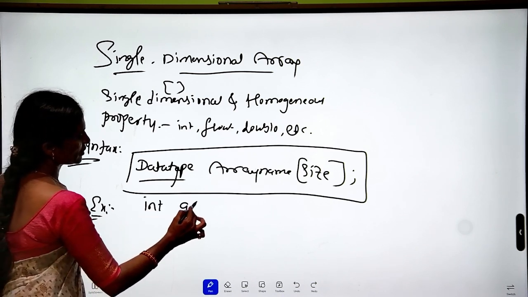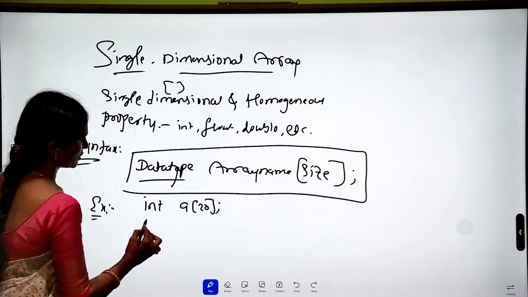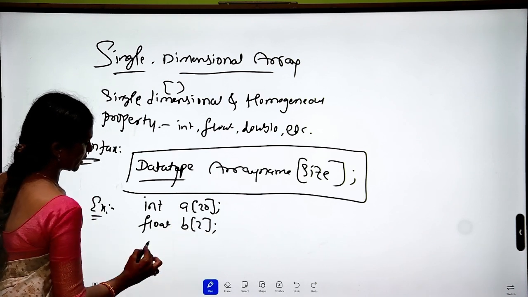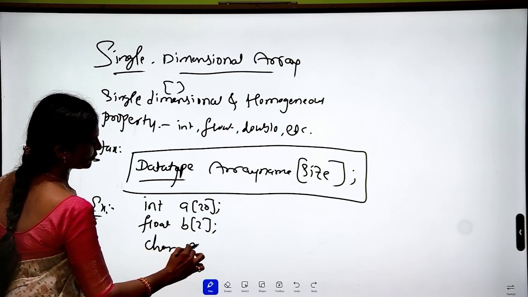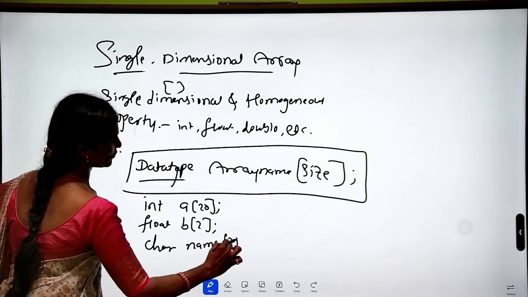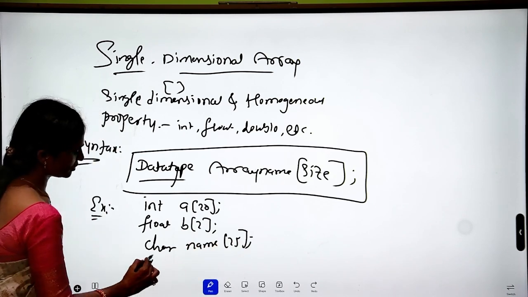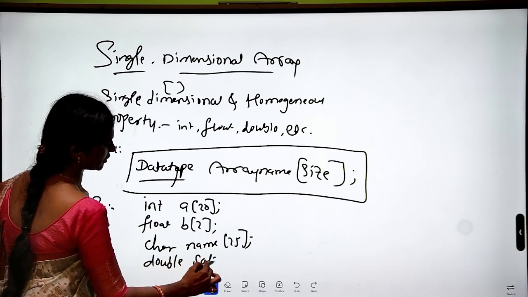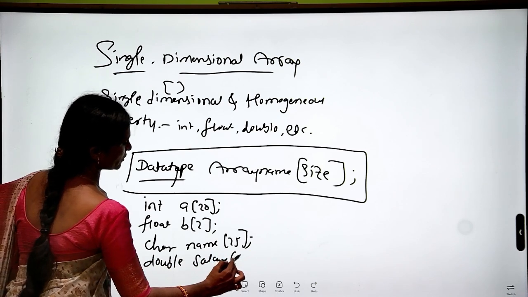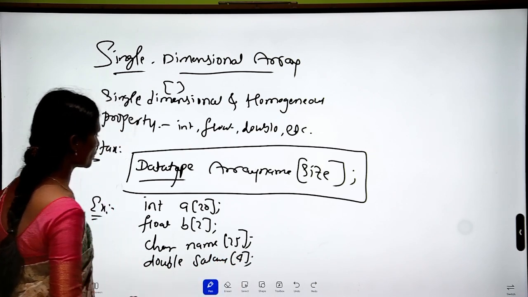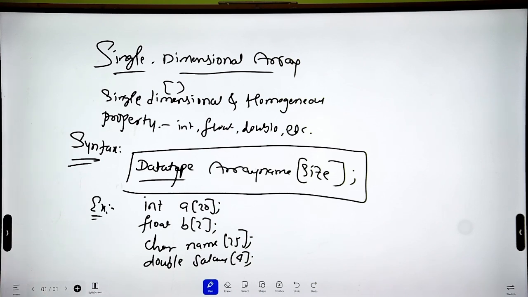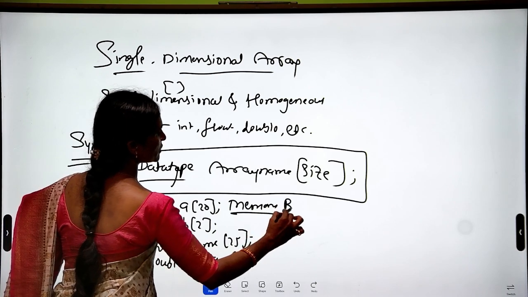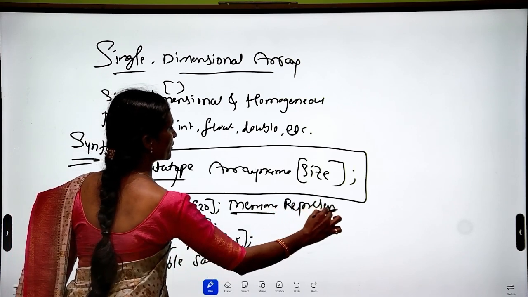So int a of 20, float b of 2, char name of 25, and double salary, you can give however many digits you want. So this is the example. Next comes the memory representation for a single dimensional array.